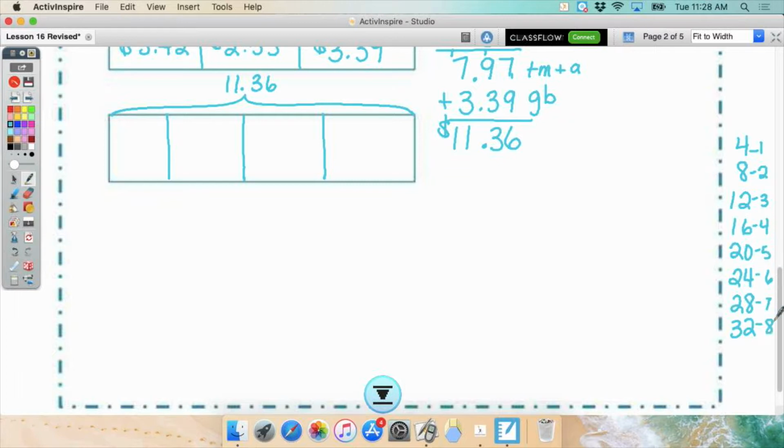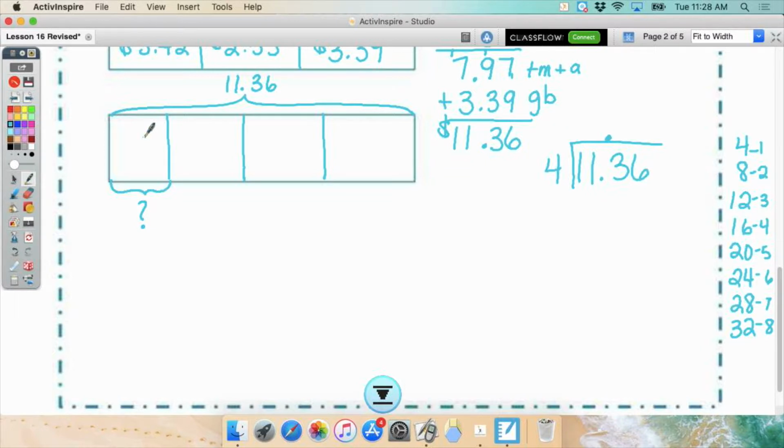Did you notice? So I'm going to do $11.36 divided by 4. And where would my question mark be on this now? Right here? Yeah. Or in the box, either way, okay?